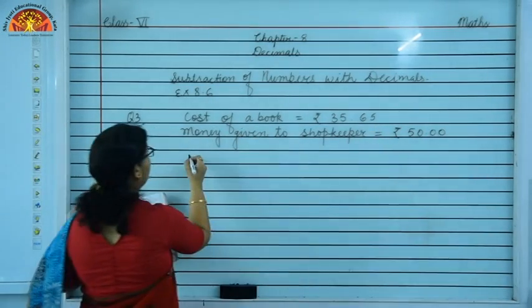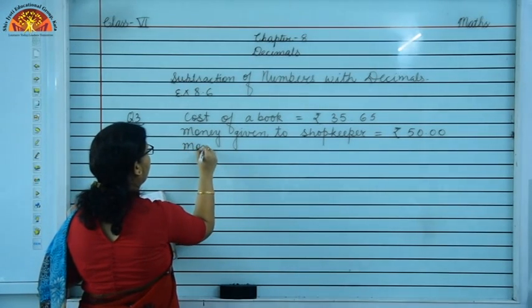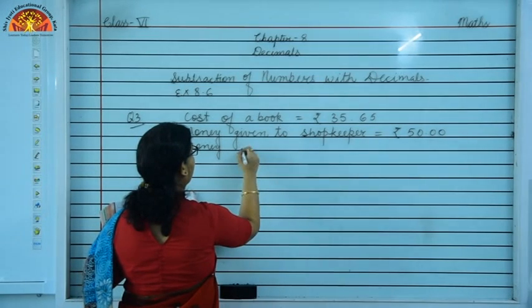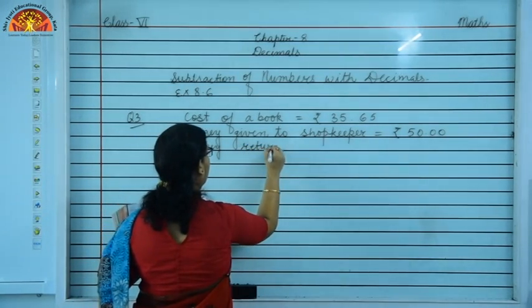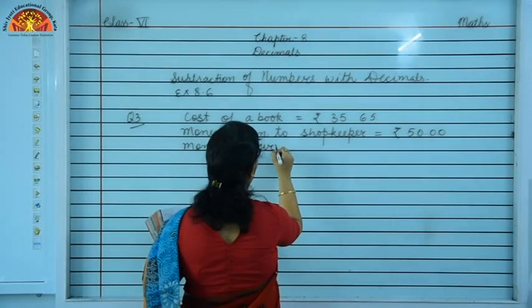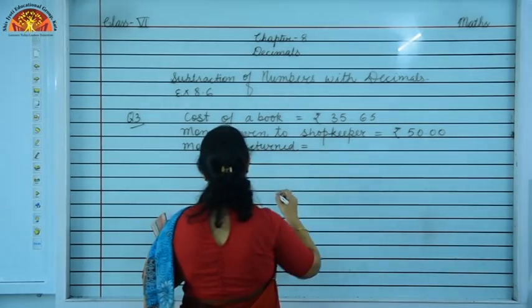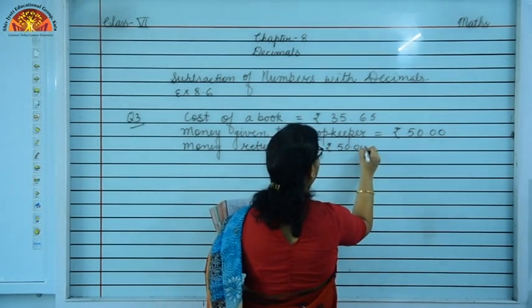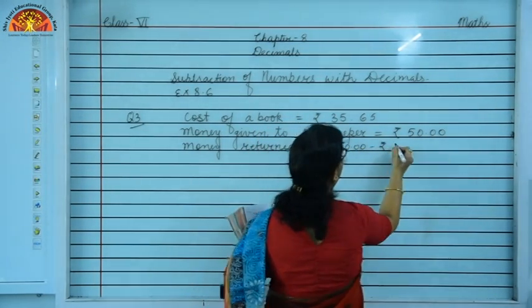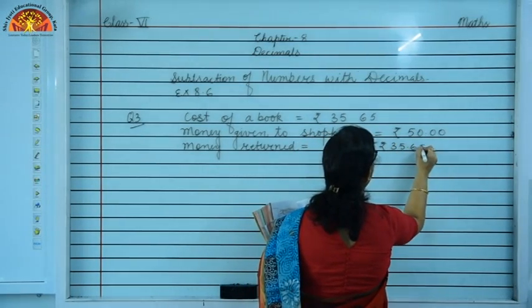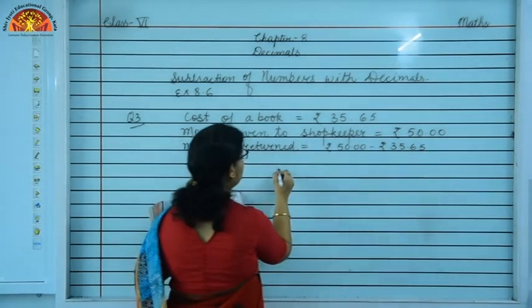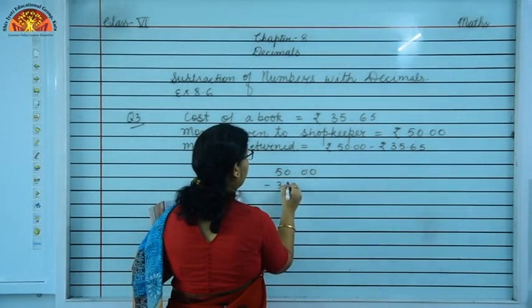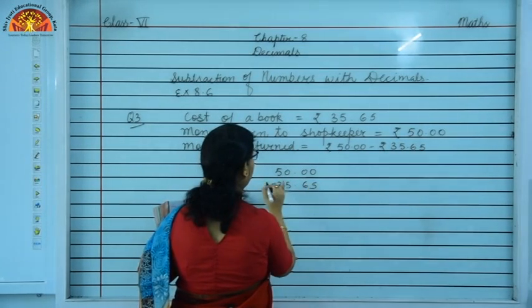Now money returned is equal to rupees 50 minus rupees 35.65. Now arrange: 50.00 minus 35.65.